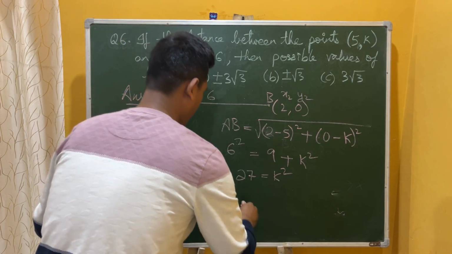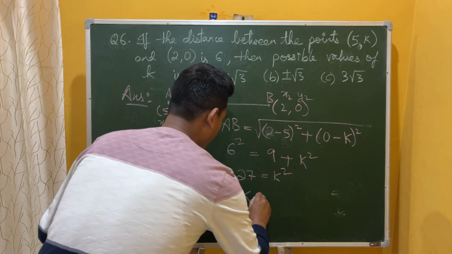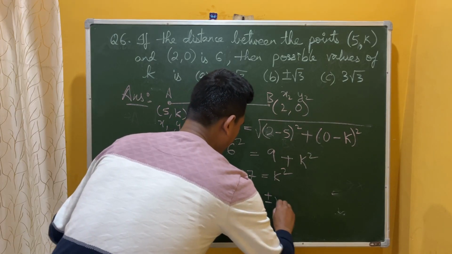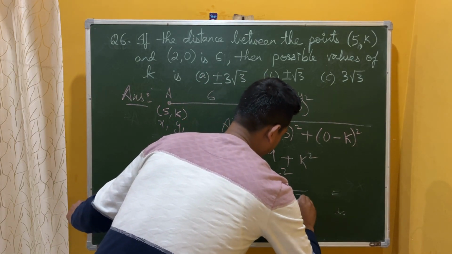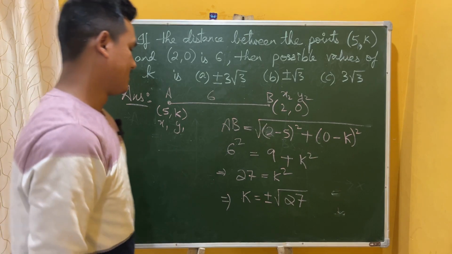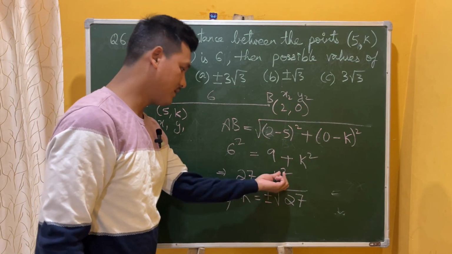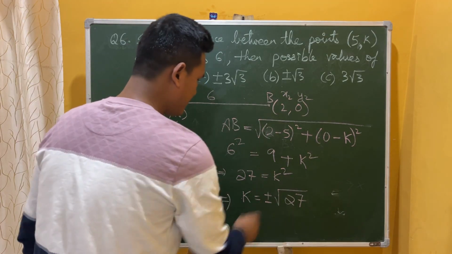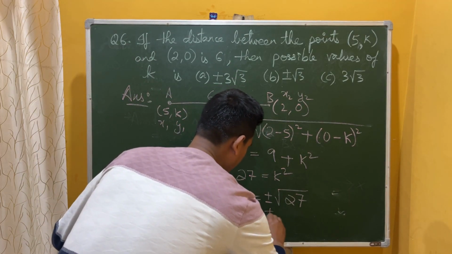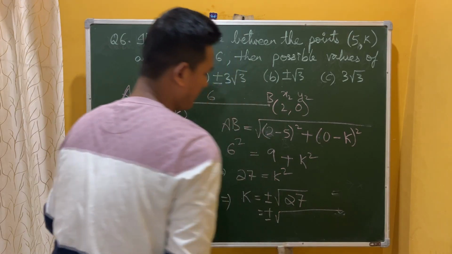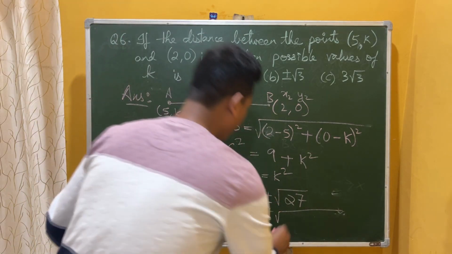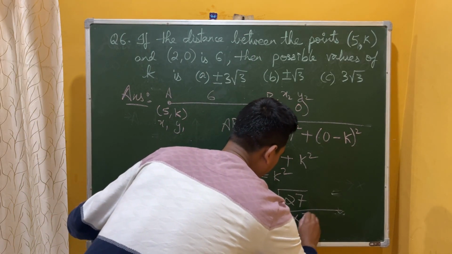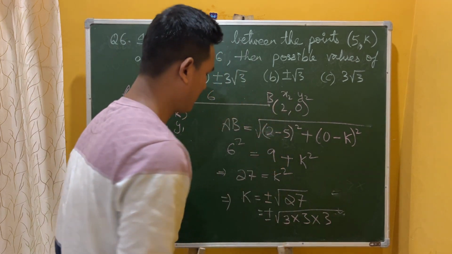So k is equal to plus minus under root 27. So k will have two values. Square means it will have two values, one positive, another one negative. So 27 can be written as, if you prime factorize this number, 3 into 3 into 3.